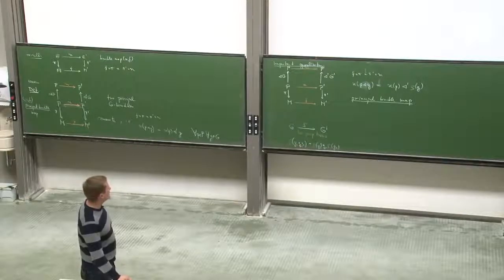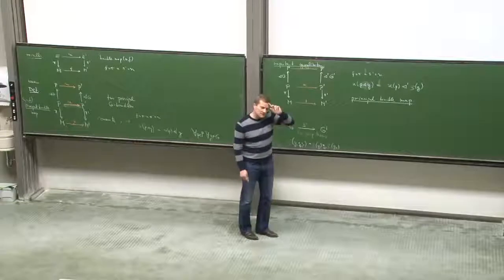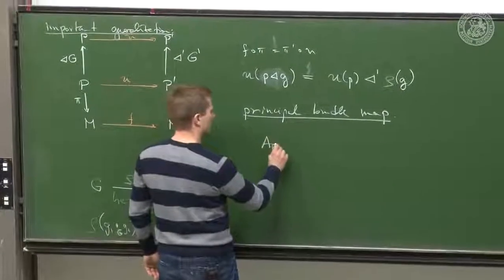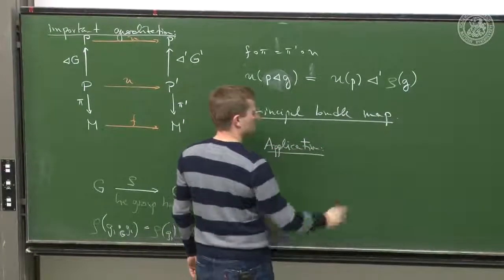So we have this guy. Now the question is: is this generalization for generalization's sake, or is there an application? And there's a very important application of this generalized notion in general relativity.